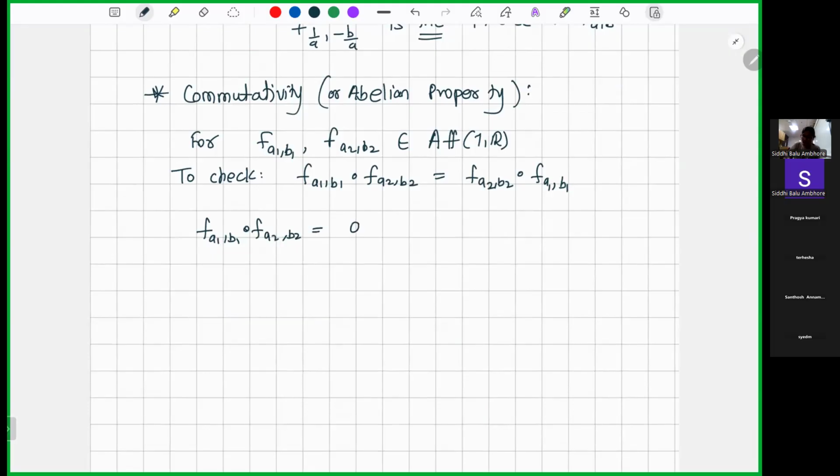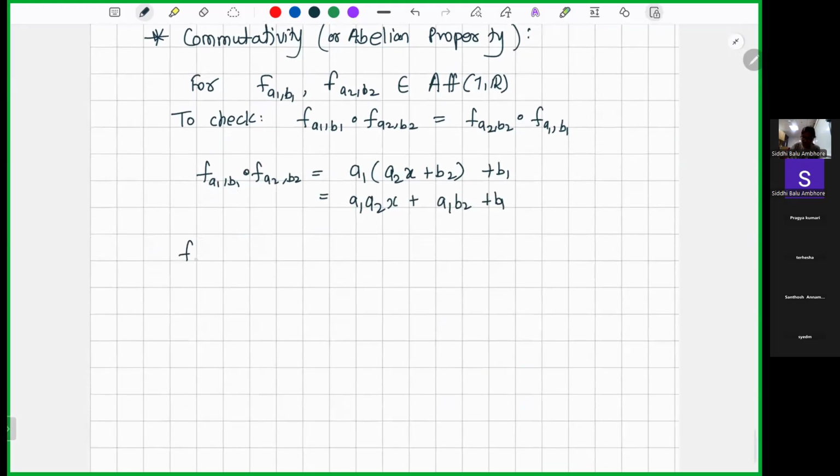So let us start with my first, f a1 b1 composed with f a2 b2. I'm directly writing the expression: a1 into (a2x plus b2) plus b1, and it is a1 a2 x plus a1 b2 plus b1. And when I change the order, a2 b2 composed with f a1 b1, it is a2 a1 x plus a2 b1 plus b2. I can see that these two things are not equal.